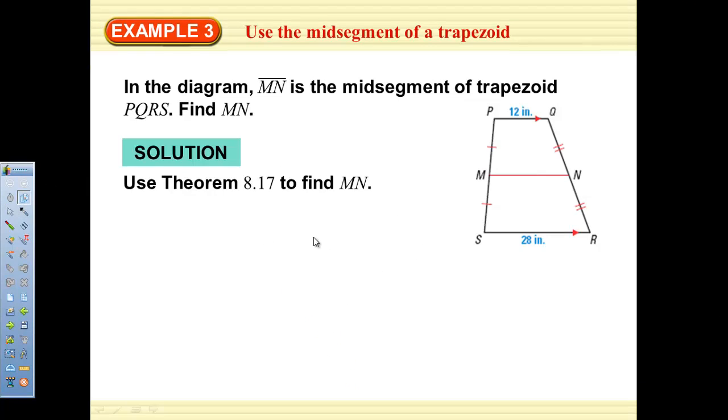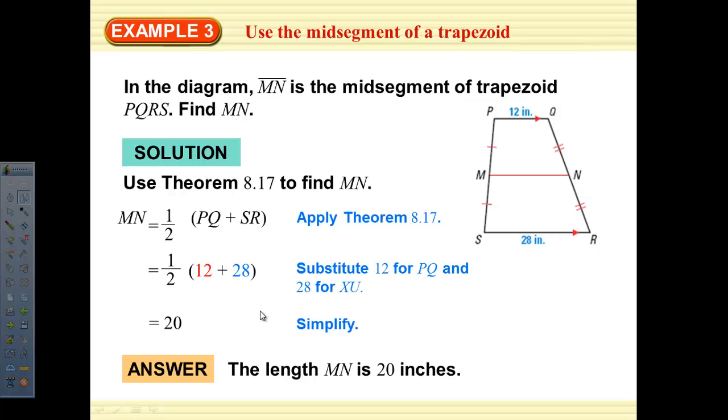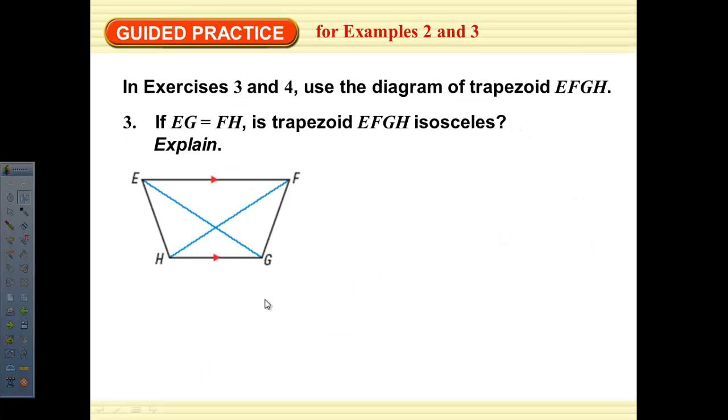So again, we're using theorem 8.17, which talks about the midsegment. We plug everything in, and we solve. For this next one, it asks us if EG is equal to FH, is the trapezoid isosceles?